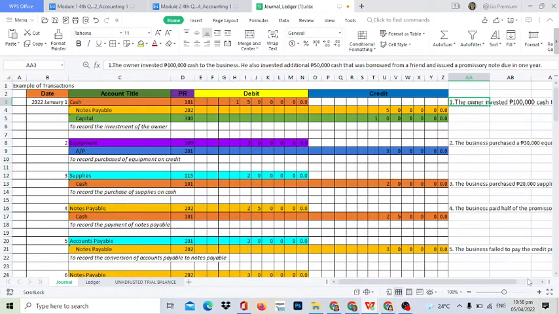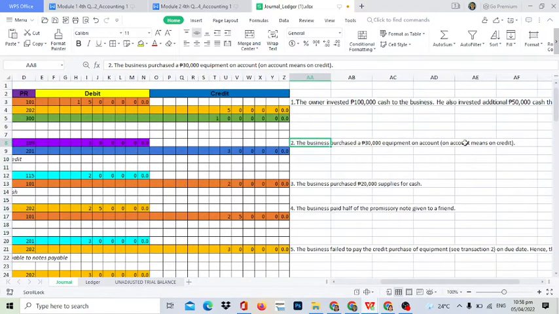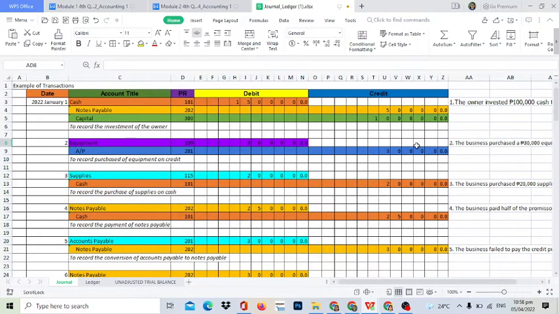Okay, for number 2, the business purchased a 30,000 equipment on account. On account means on credit. Okay, so the account titles for January 2 are equipment, which is 30,000.